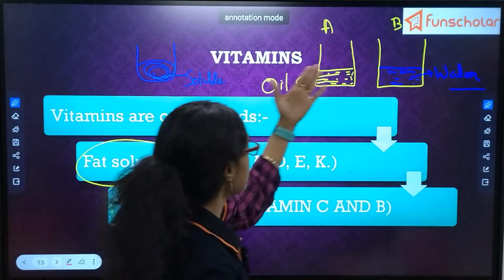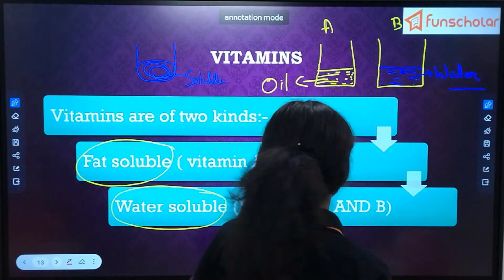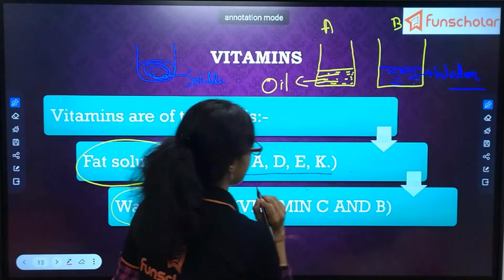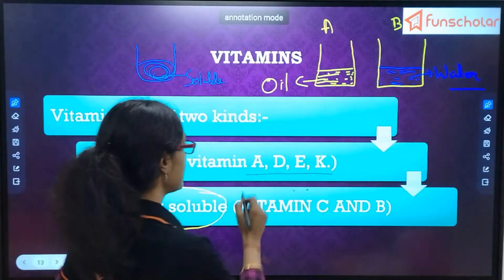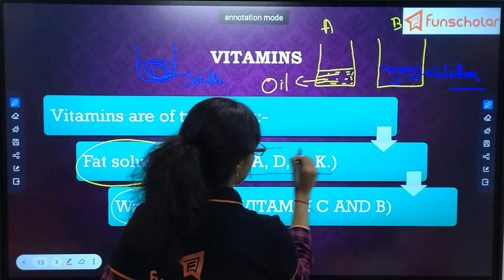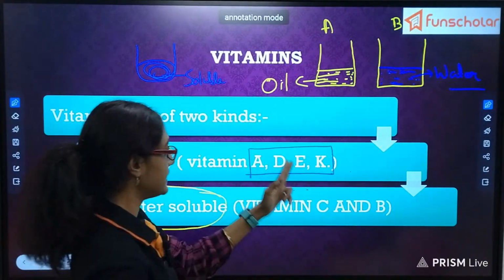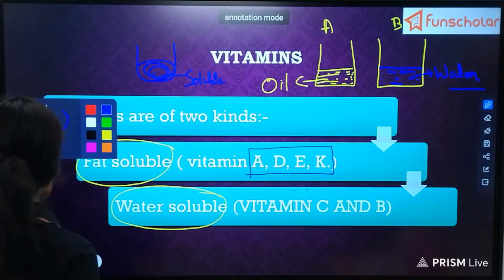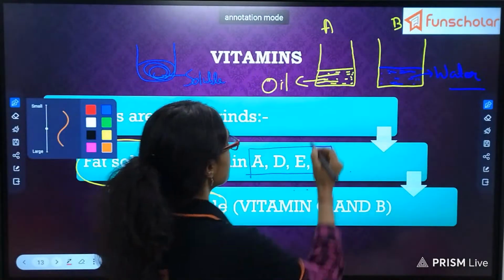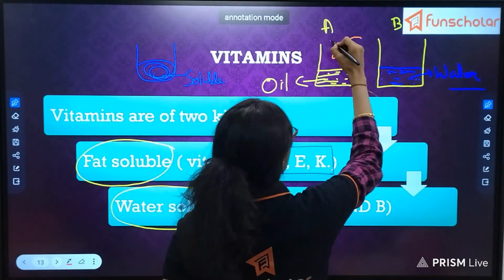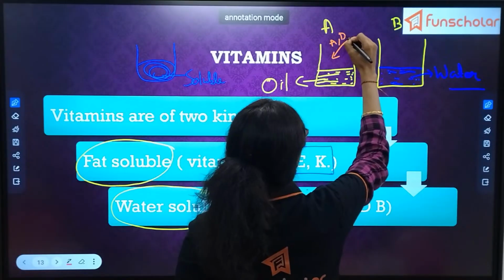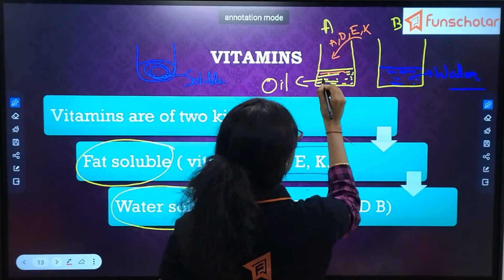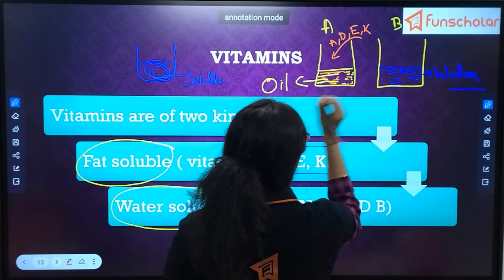So here is oil, there is water. Now vitamin A, D, E, K. How we will remember? ADEK. A, D, E, K. These are fat soluble. So, if I add vitamin A, D, E, K here, it will get mixed in this solution.